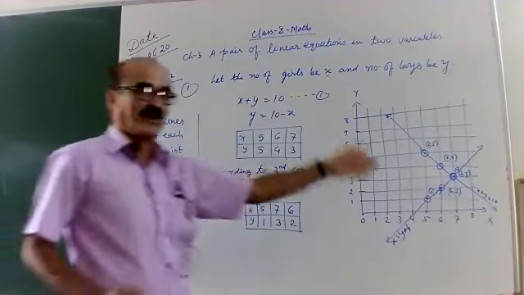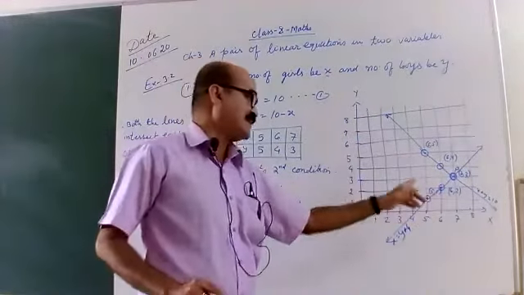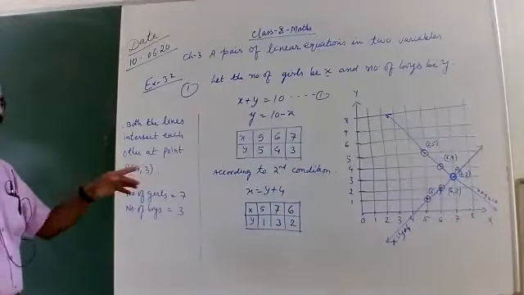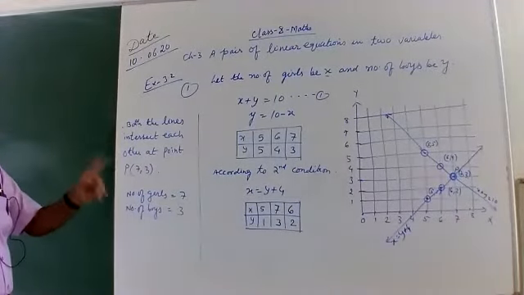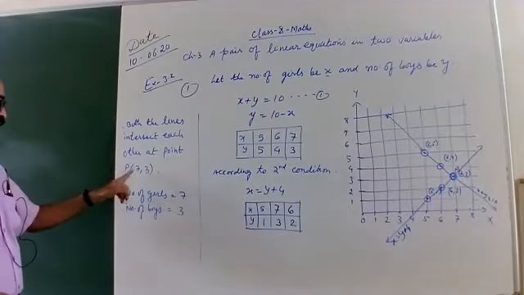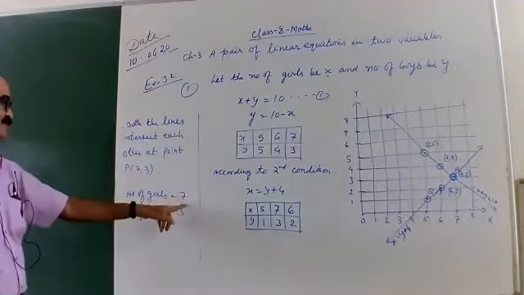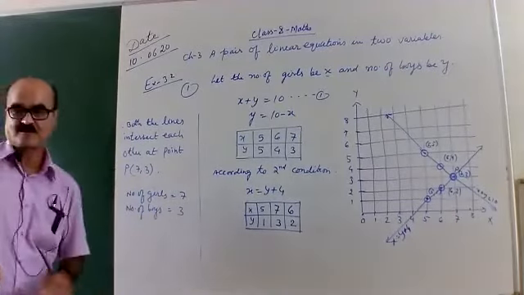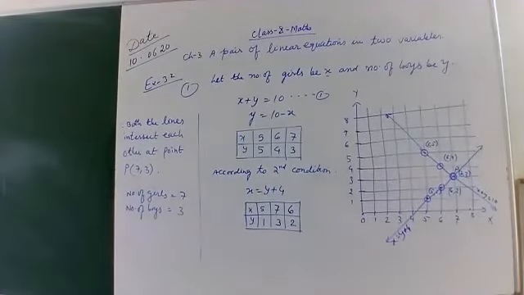And you have to plot, and after plotting, if you are getting the intersecting lines, then the point at which they are intersecting will be the solution of the equation. So first point is x, that is number of girls is equal to 7, and second point is y, that is number of boys is equal to 3. So I hope you all are getting this.